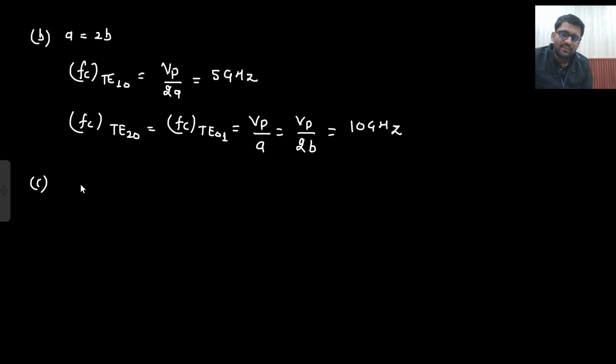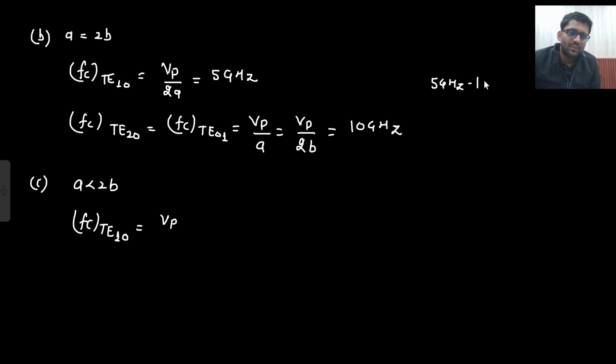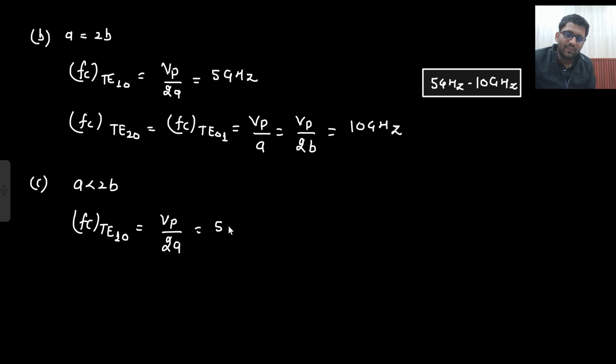But for the third case, A is less than 2B. So which you will calculate? For TE10 you will calculate. So what is the frequency range here? 5 gigahertz to 10 gigahertz. So for single mode propagation, this is the frequency range. What about this one? Here this will be same only 5 gigahertz. But since it is A less than 2B, so what you will calculate?